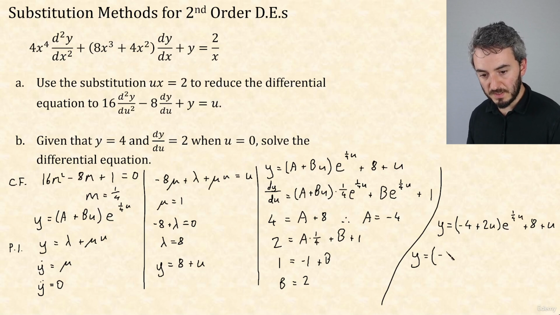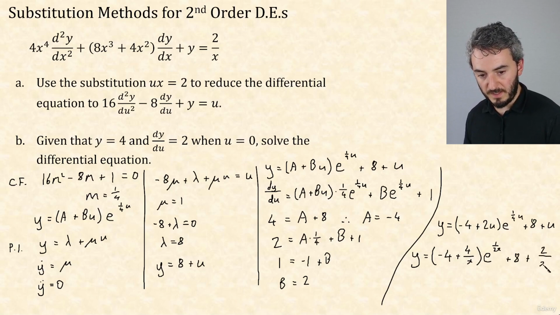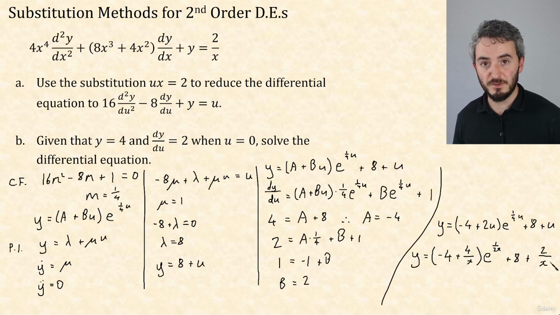So y is minus 4 plus 2 times, so u is 2 over x, so 2 times 2 over x is 4 over x. Then e to the power of a quarter of 2 over x, that's 1 over 2x, plus 8 plus 2 over x. And there's a fairly spectacular solution to the original differential equation.